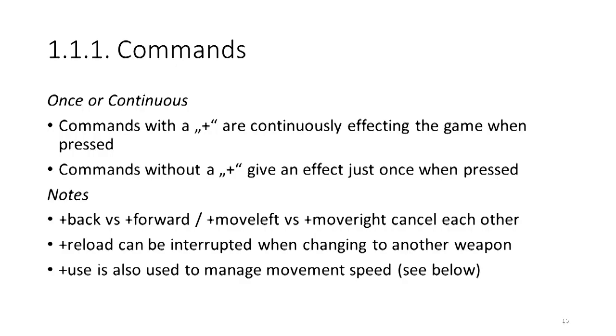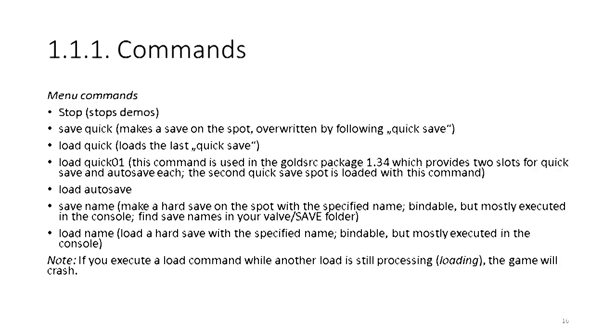This is important to save some time. It is also interesting to know that when you hold plus use, you can manage movement speed according to the FPS max settings.